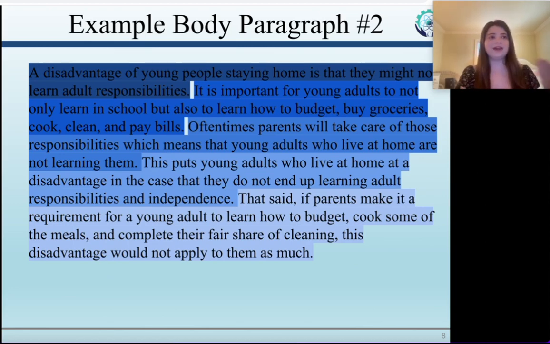Whereas if we're not living at home, then if we don't cook for ourselves and buy groceries, we're going to starve. If we don't balance our budget, we're going to be in real trouble. We're not going to be able to keep living where we're living, right? So there's a lot more at stake, which can, in some cases, cause people to make smarter decisions because they know that more is at stake, right? Potentially.